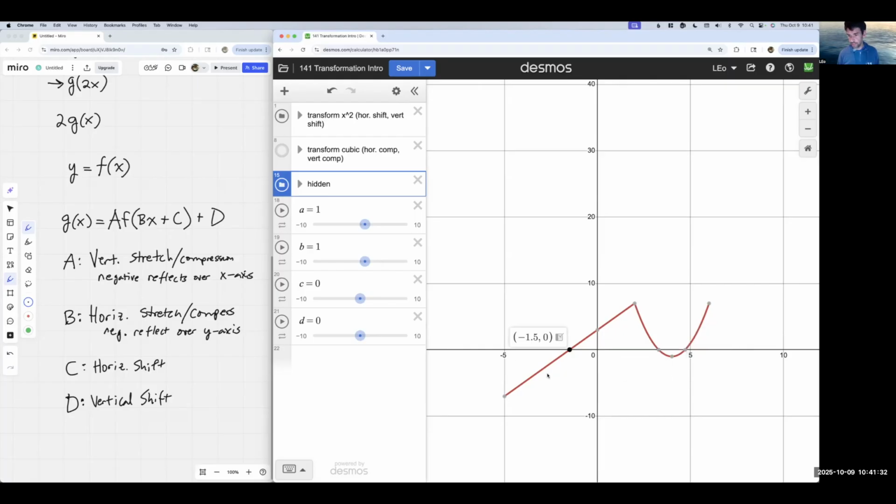This point, -1.5. Let's do a stretch and a shift horizontally. So I'm going to stretch it horizontally. I'm going to multiply by 1/2, which makes it twice as wide, and then shift by 1 to the left.